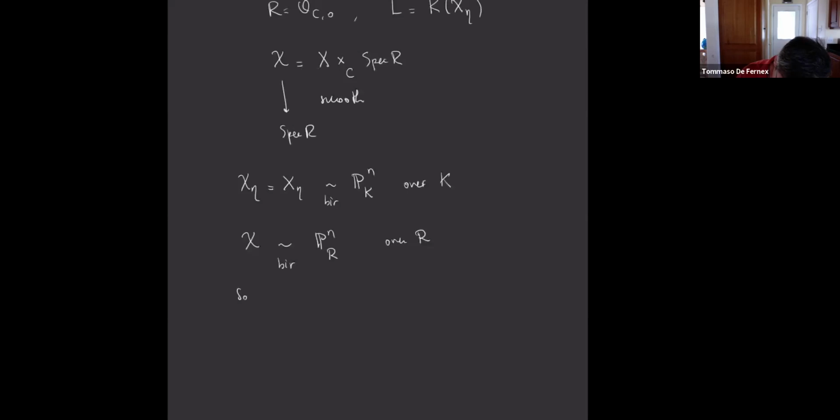So X and P^n_R are two models we can use to compute rho n of L.